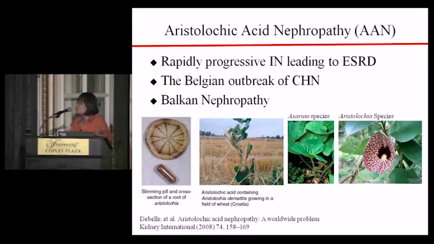Initially it was called Chinese herbal nephropathy, later changed to aristolochic acid nephropathy. This condition has another name, Balkan nephropathy, because local people in the Balkans pick up a local plant to make bread, which also contains aristolochic acid. Okay.